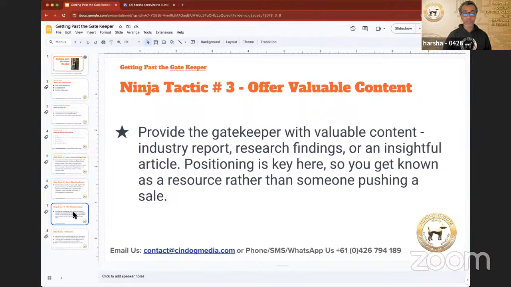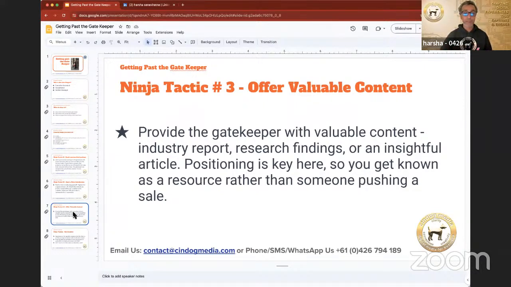You get to be known as a resource rather than trying to push a sale onto the customer. If they can think of you as someone who is helpful, if they can think of you as someone who's going to add value to their business, they're more likely to want to have a chat with you. They may end up buying, they may not end up buying, but regardless, they will know you as someone who adds value and they will want to speak to you at a later point in time.